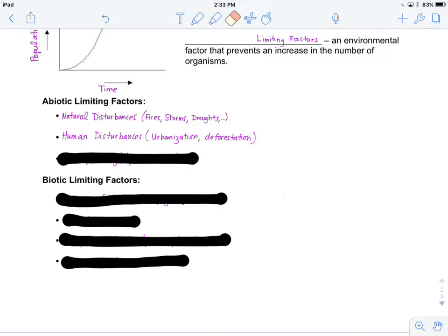These things will limit populations because there's less room. Also, things like the amount of water, the amount of sunlight, the amount of soil, the amount of land. These are abiotic things, not living, that are going to limit how big populations can get. If there's only so much water to go around, a population can't keep on growing. It's going to get lower.